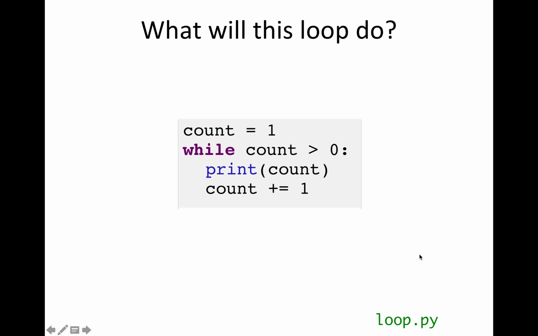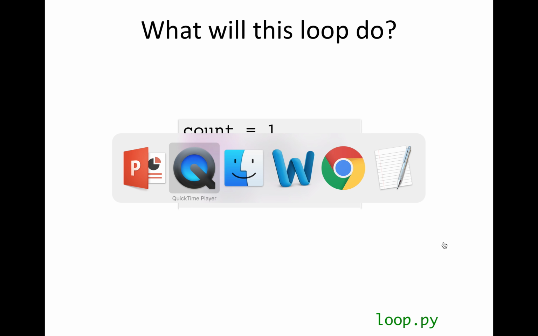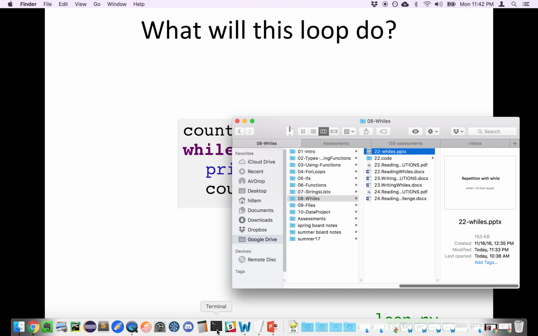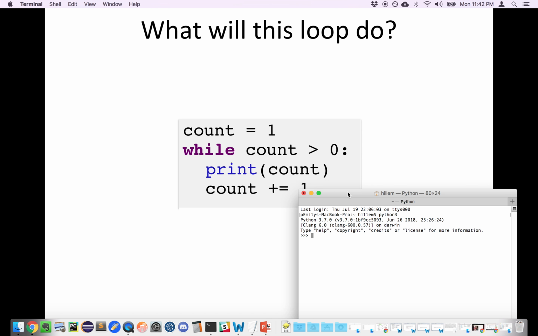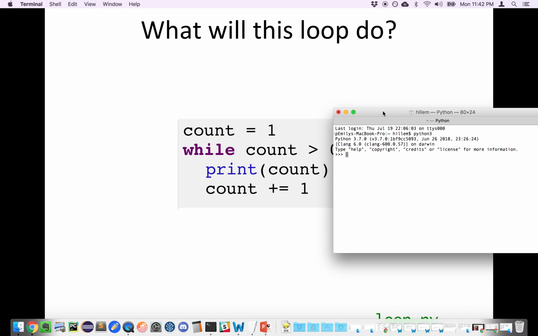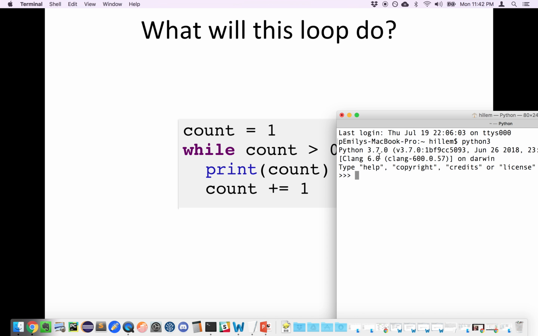Now let's take a look at a different type of while loop. Count equals 1. While count is greater than 0, print count. Count plus equals 1. So let's see what this outputs. Let me make this big enough that you can see it.